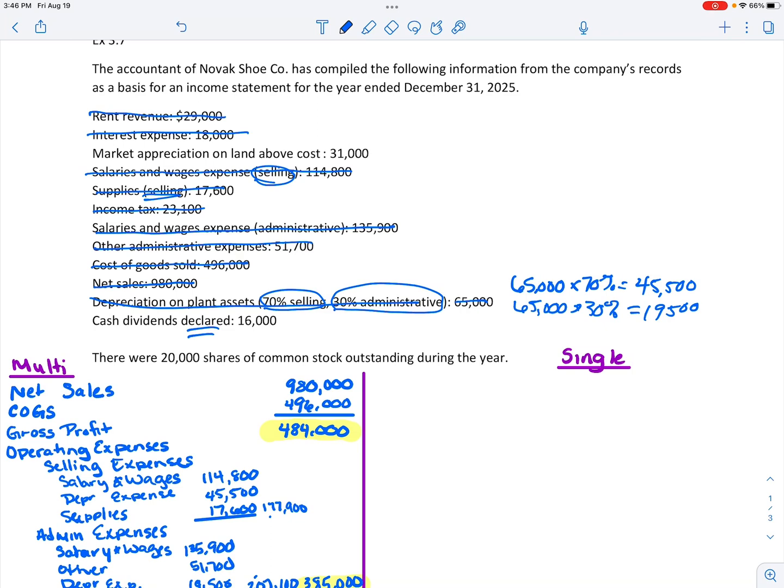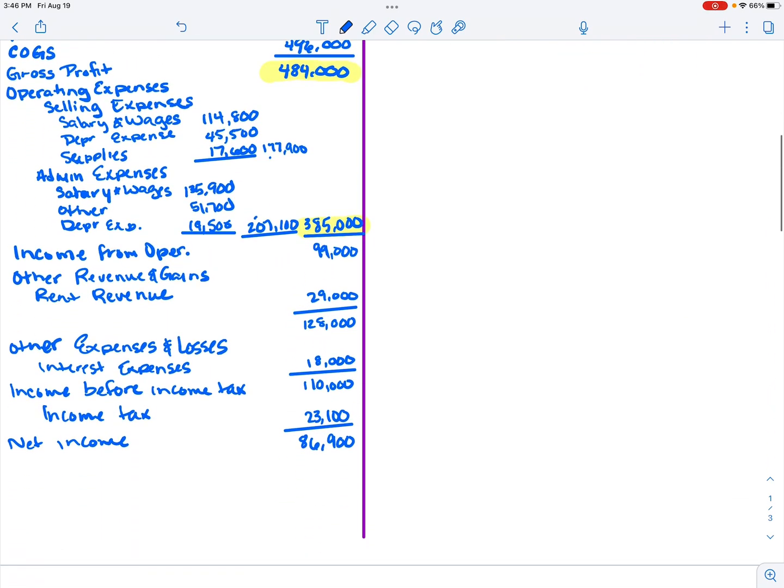That's just a liability. The one other thing that we want to note here is trying to find that earnings per share. So the earnings per share is going to be calculated based on your net income, which we just determined was $86,900.